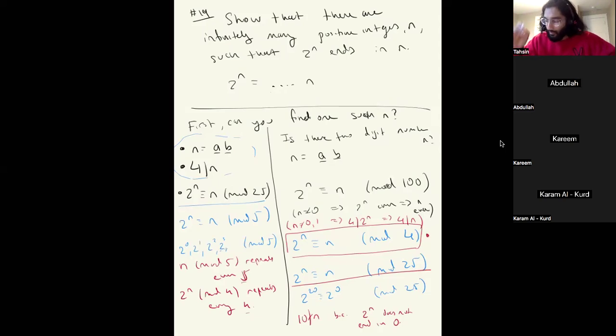But remember, there are still these 2 other conditions. We're insisting 4 has to divide n. So yes, it's true that 2 to the n repeats every 4, but this actually fixes what the value of 2 to the n is. Do you see what I'm saying?